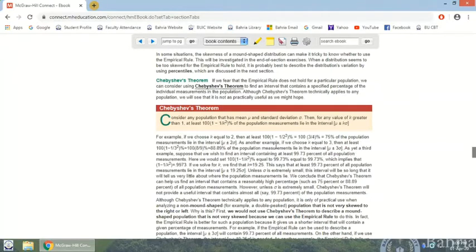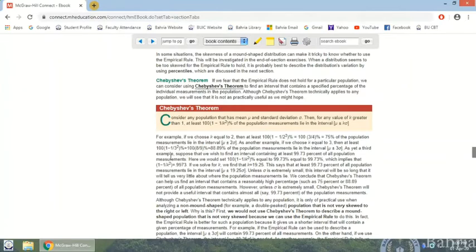So in this case, we have 1 minus 1 over 2 squared, which is 1 minus 1 over 4. So 4 minus 1 is 3 by 4, or 75%, of the population measurements lie in this interval. And then we have 1 minus 1 by 3 squared. So this is 9. 9 minus 1 is 8 again.